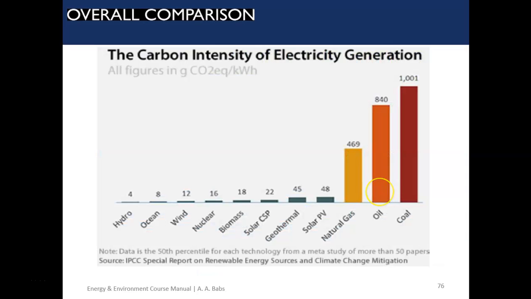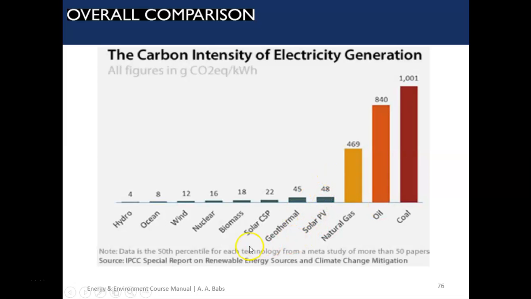When you look at the carbon intensity of electricity generation from different types of power plants, this graph gives us an idea of the CO2 equivalent per kilowatt hour. You can see coal has the highest CO2 equivalent per kilowatt hour when used to generate electricity, followed by oil, followed by natural gas, and all of these three are the chief fossil fuels we have for conventional energy generation technologies.